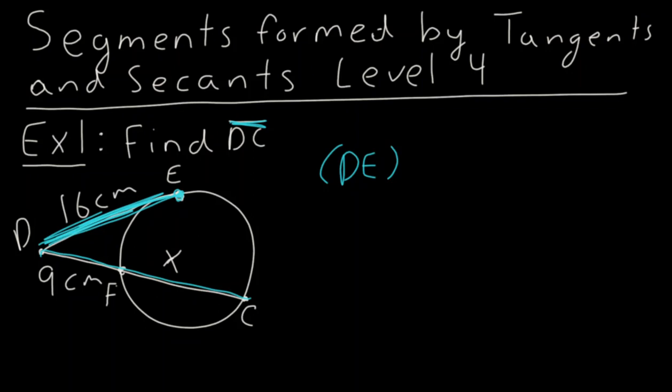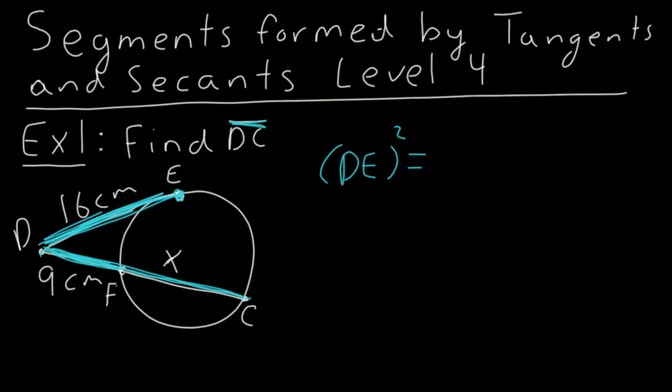And when we look at our formula chart, what are they doing to the tangent? Well, every time they're going to square it. So say DE squared is equal to, and the order that they have it is they actually look at the whole segment, but I like to put the external piece first.